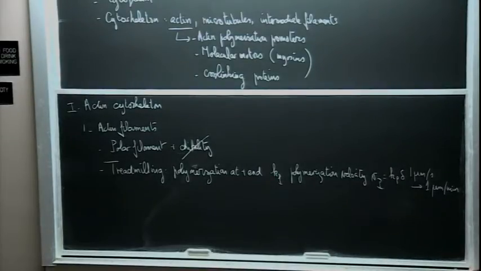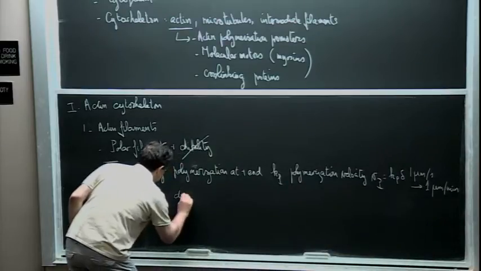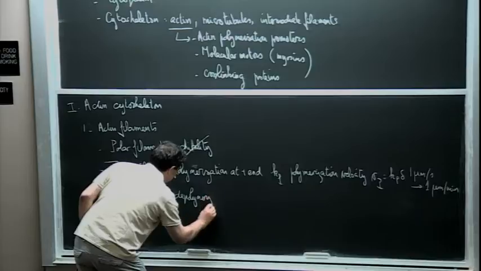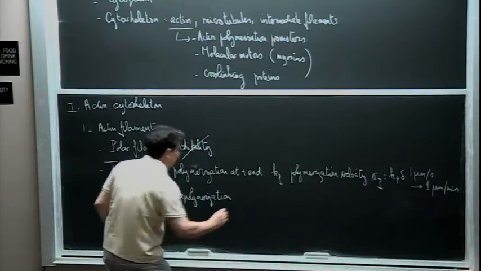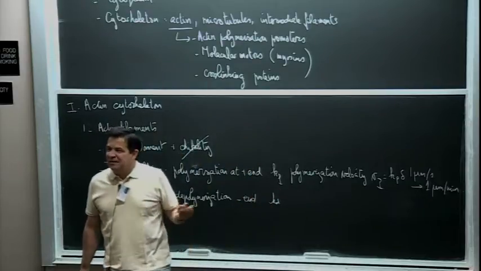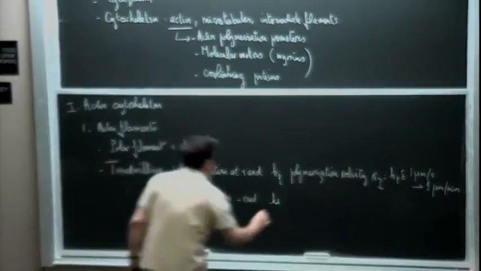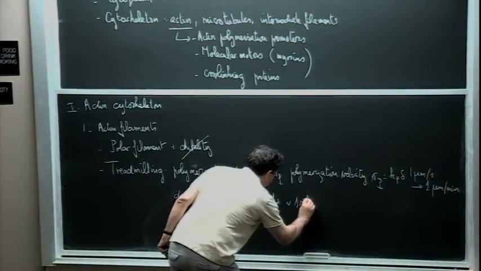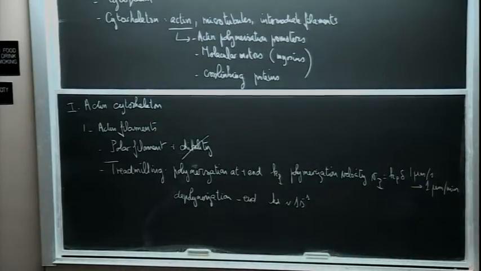So monomers adhere and they detach from the other end. They detach with a rate which I call Kd. That's at the minus end. The rate is Kd, and typically it's 1 second minus 1. So these are the main properties of these actin filaments. The third property on which I want to insist more is that the actin filament is a semi-flexible polymer.